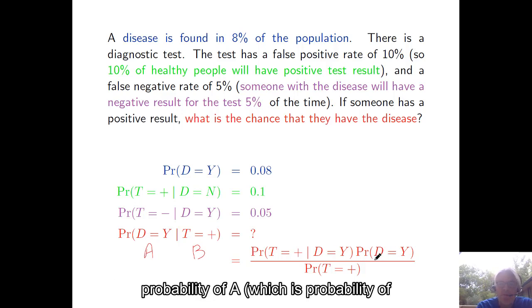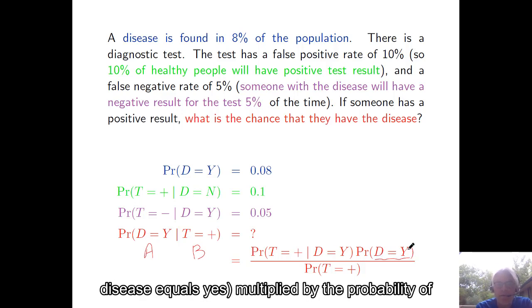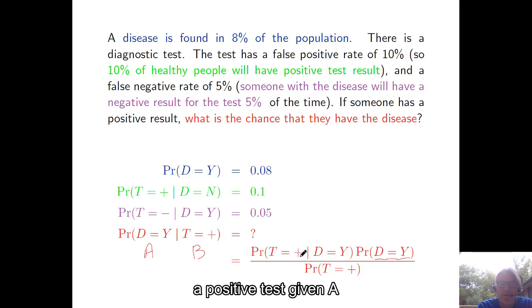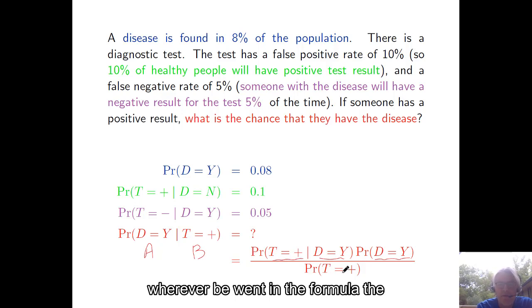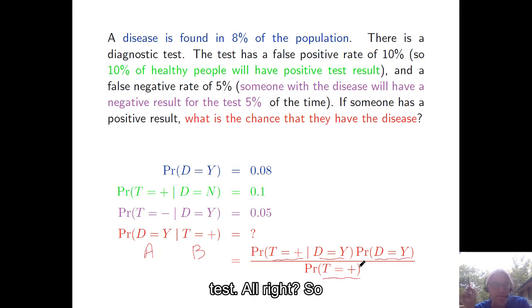So here we have the probability of A, which is the probability of disease equals yes, multiplied by the probability of a positive test given A. Our B condition is the test is positive, and so that goes in wherever B went in the formula, the probability of B given A. Our new notation is the probability of a positive test given that you have the disease. And we divide through by the total probability of having a positive test. All right, so that's how we would apply Bayes' formula to this.